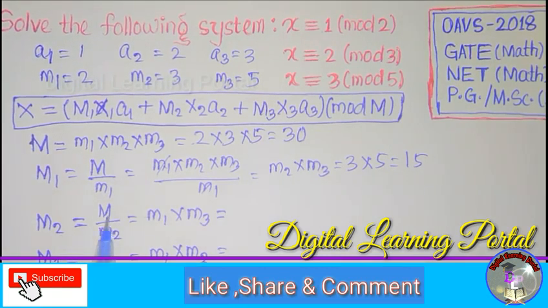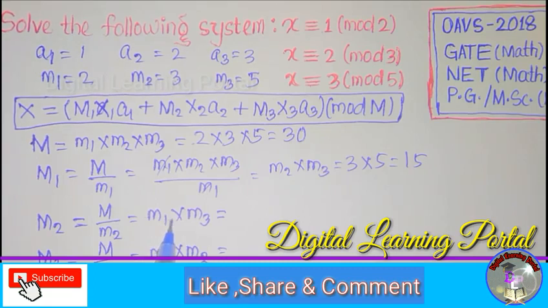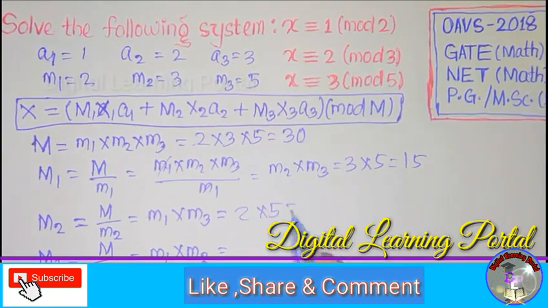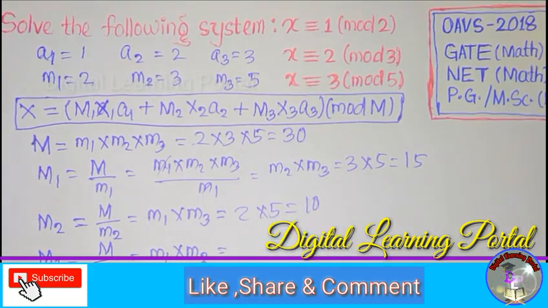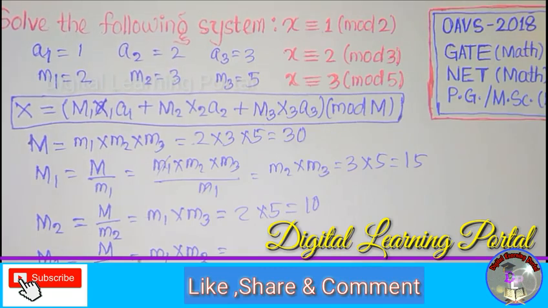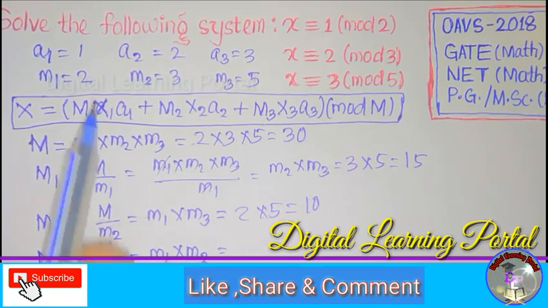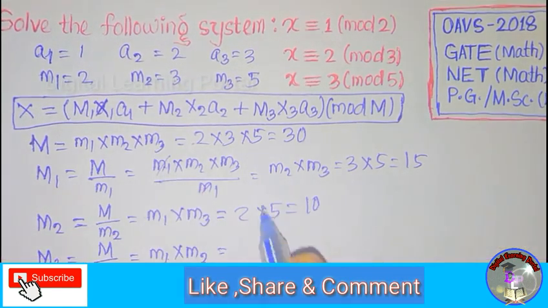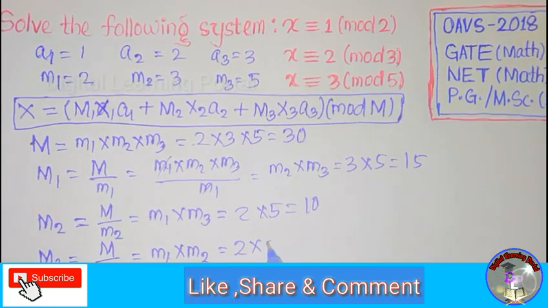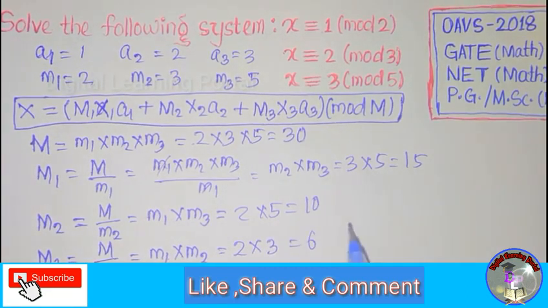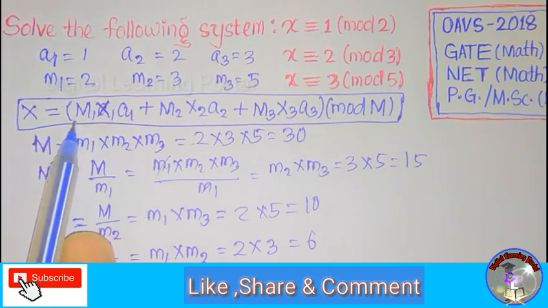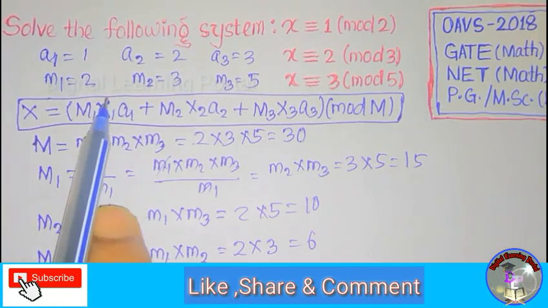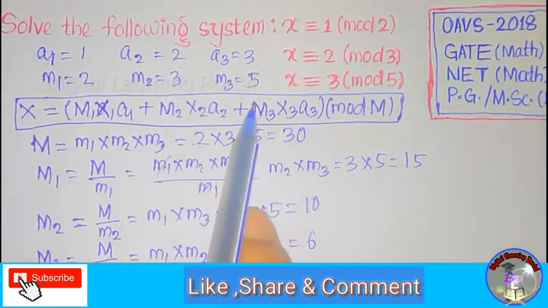And M2 is equal to M by small m2, that is small m1 and small m3, which is equal to 2 into 5, that is equal to 10. And then M3 is equal to capital M divided by m3, that is m1 into m2, which is 2 into 3, equal to 6. Next we have to calculate M1 x1, then M2 x2, then M3 x3.